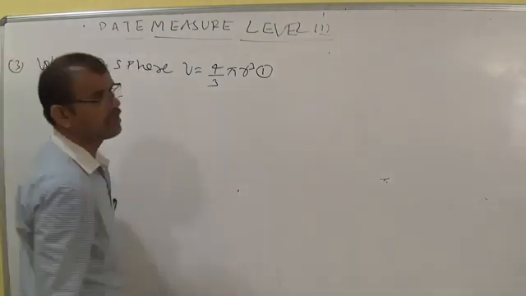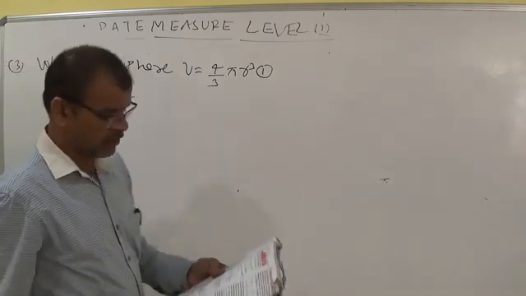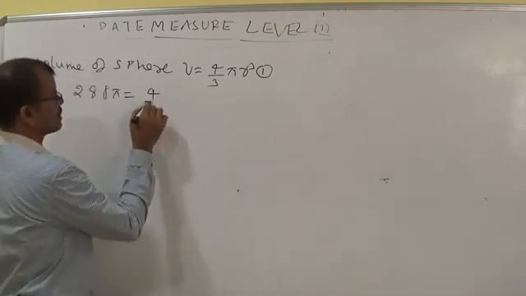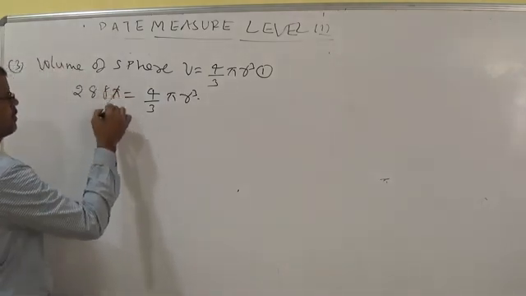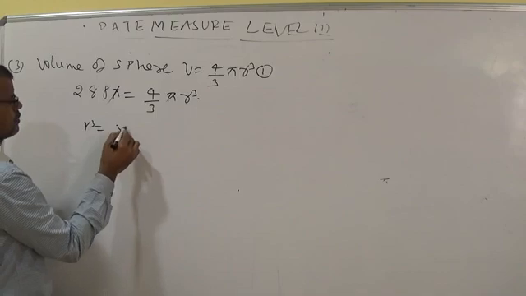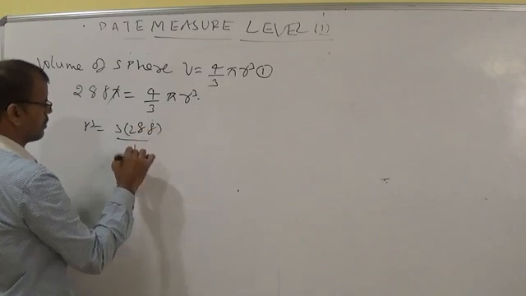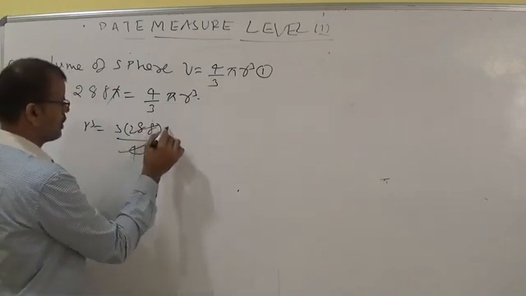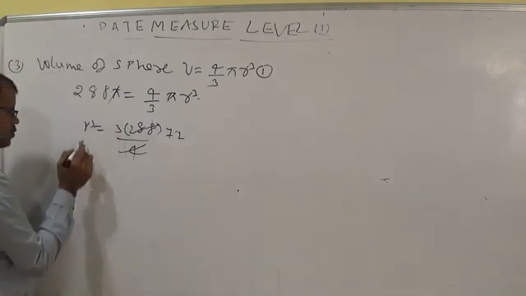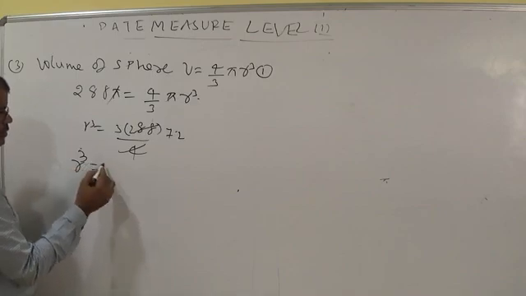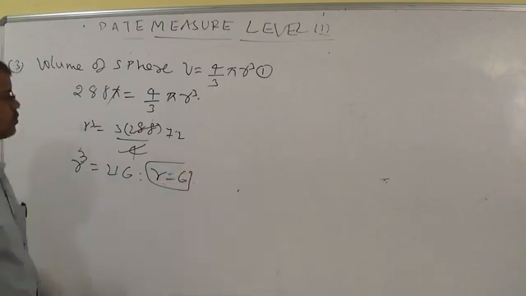Let us calculate the radius r using this. 288π is equal to 4/3 πr³. The π and π get cancelled. r³ is equal to 3 into 288 by 4. The 4 divides 288 as 72 times. So r³ is 3 into 72, which is 216. Therefore r equals 6, because 6 cubed is 216.